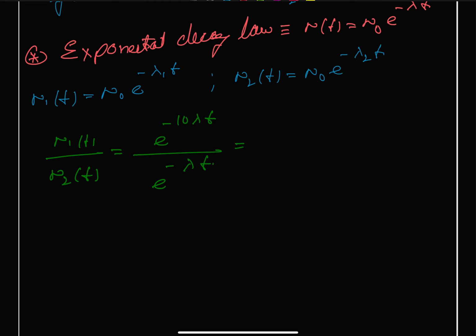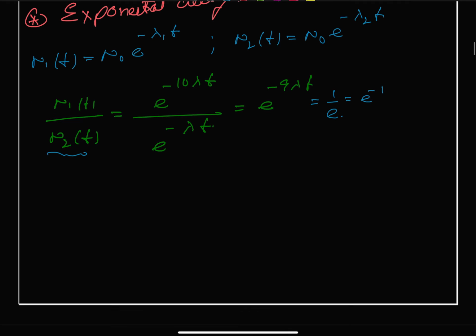This comes as e raised to power minus 9 lambda t, and their ratio is said to be equal to 1 upon e, which we can write as e raised to power minus 1.